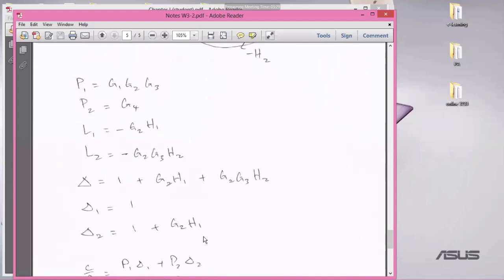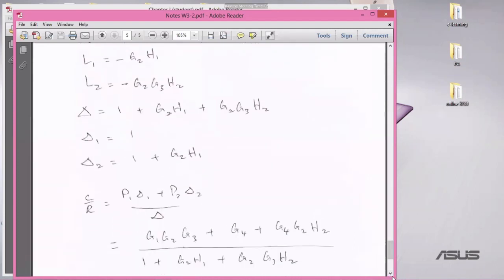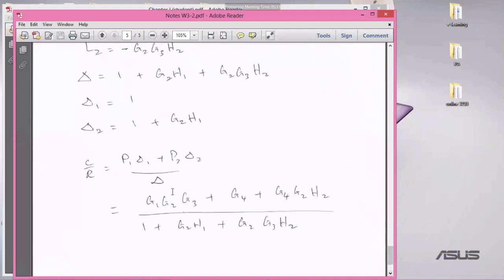So for delta 2, you do not drop L1, but you drop L2 because L2 touches the second forward path P2. So with that, you can now determine your transfer function. Your transfer function is just P1 delta 1 plus P2 delta 2, divided by delta. So that is your overall transfer function.